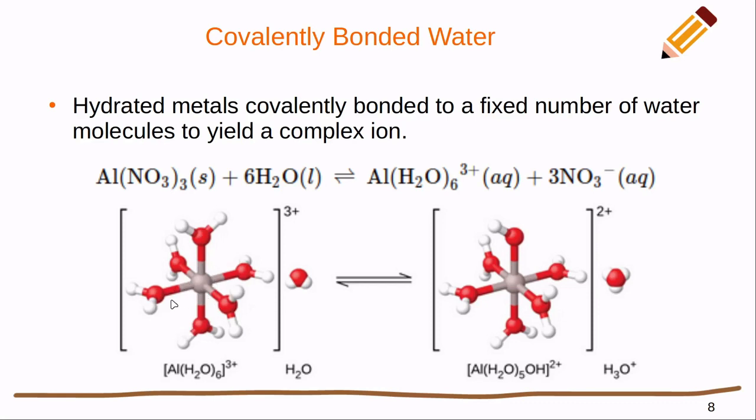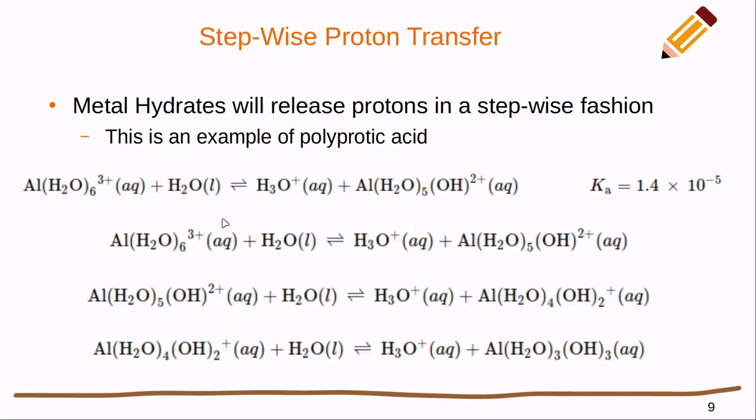Now, you should be able to recognize at this point that we are setting up a situation that looks like one of those ternary acids, where I have a central atom bound to oxygen, bound to hydrogens. What's going to wind up happening is that these metal hydrates can release protons in a stepwise fashion.